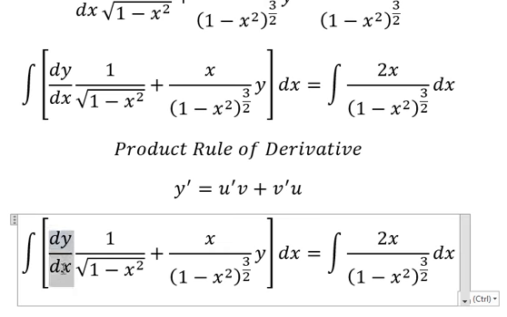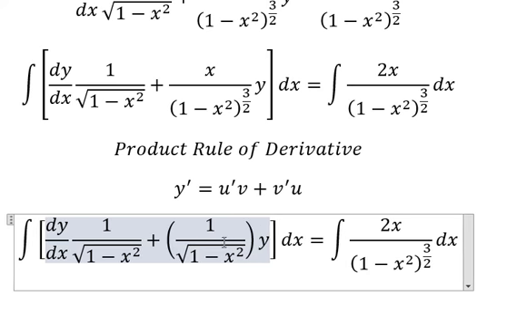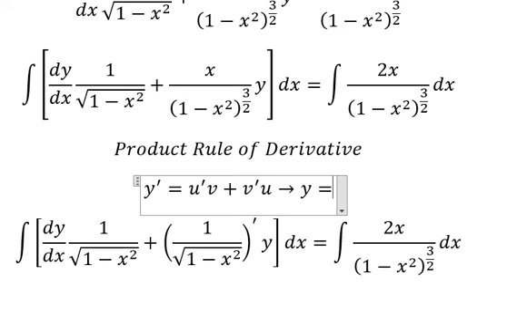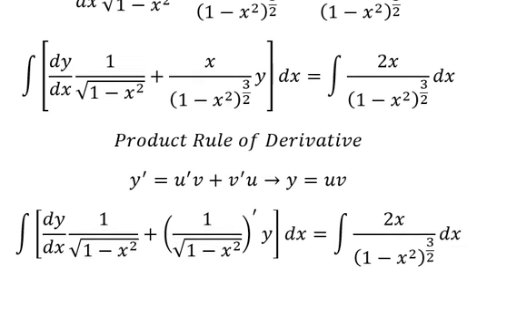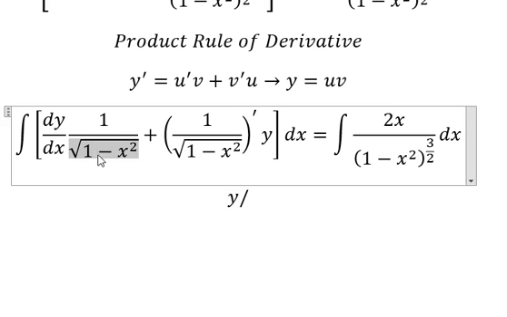So we see that this is the first derivative of u multiplied by v plus the first derivative of v, that's the first derivative of 1 over the square root of 1 minus s squared, multiplied by u. If we do this integration, you get y equals uv. So for this one, you get y over the square root of 1 minus s squared.